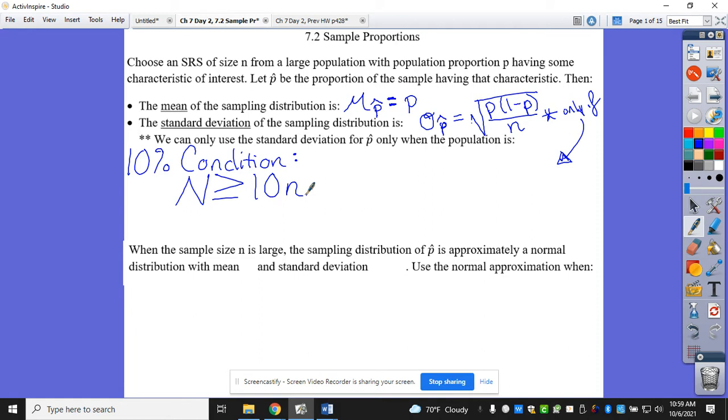Like yesterday, taking 5 out of 7 would not have worked here, which means I couldn't have used that equation. Let's just write population, 10 times bigger.